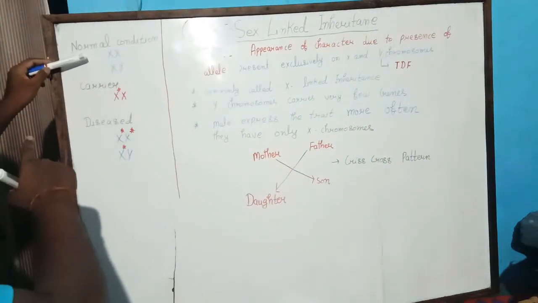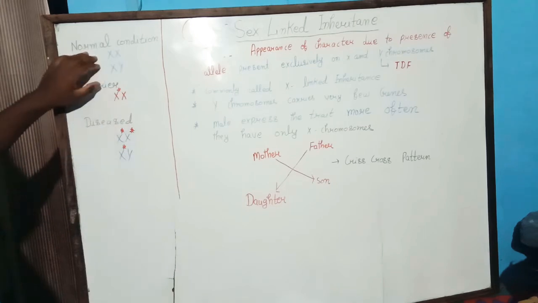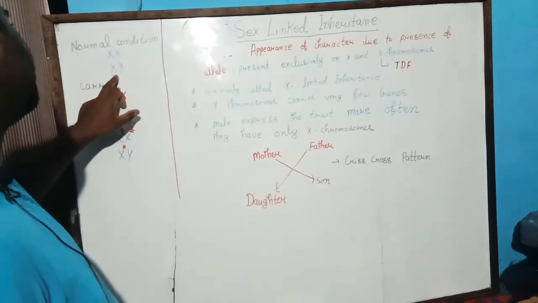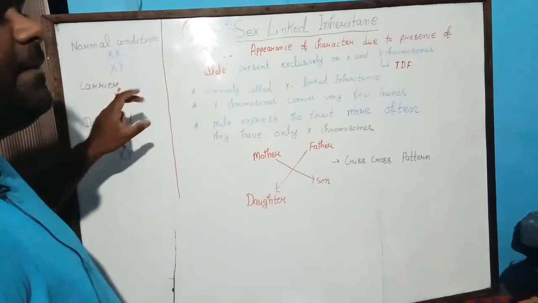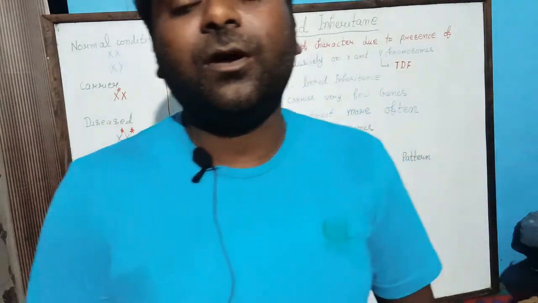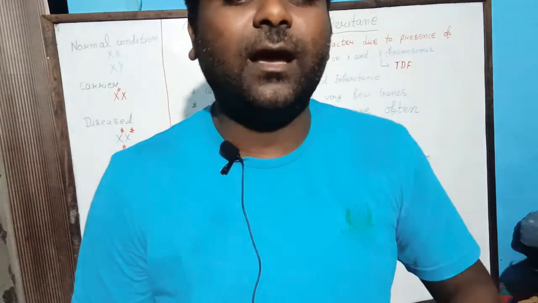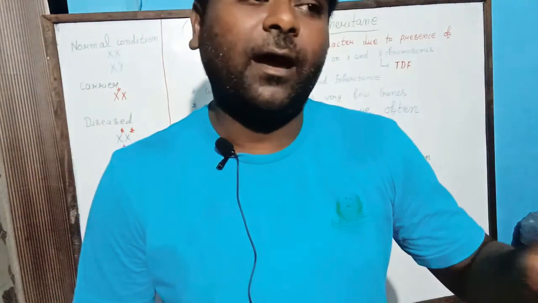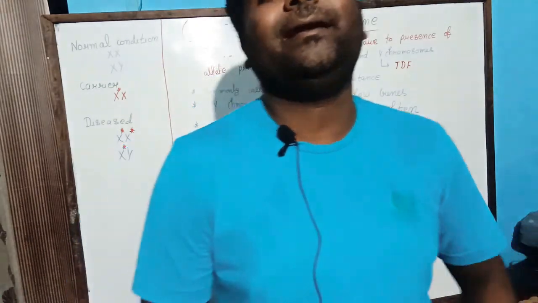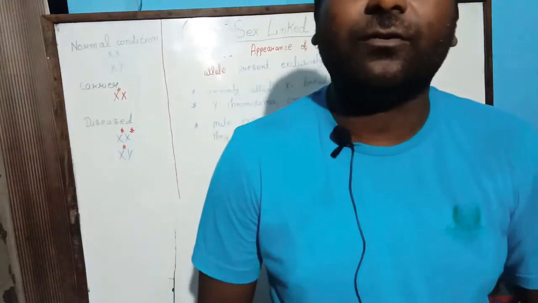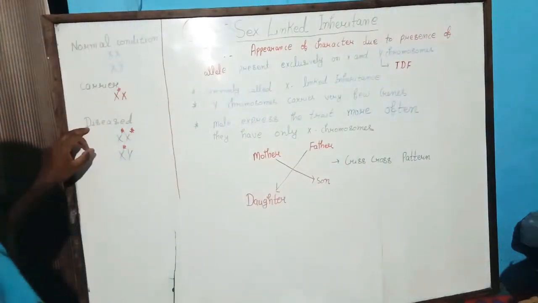So let's once again understand the normal condition, when there is no defect. Carrier condition means one X chromosome is having the defective allele but the other is not. In this case they are not diseased, they do not have the disease, but they can transmit the disease to their descendants and offspring, and this is the diseased condition.